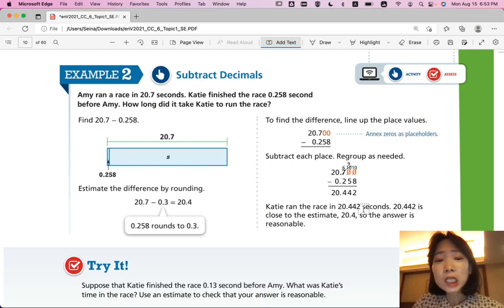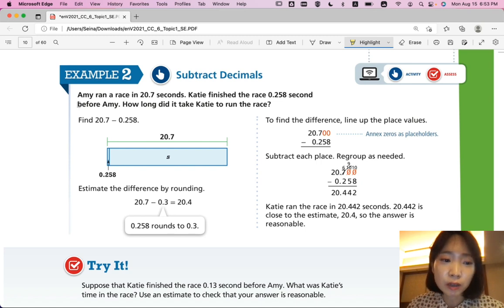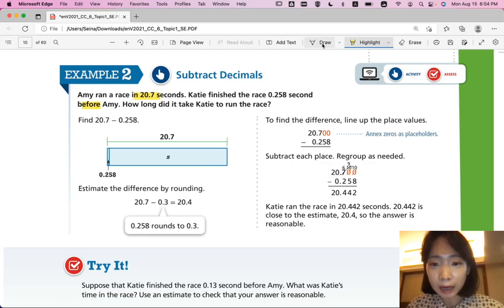So in this case, Katie finished before Amy, not after. So what does that tell you? It tells you that Katie's time is going to be less than Amy's, correct? Yeah. So Amy, who ran 20.7 seconds, will be more than Katie's time.